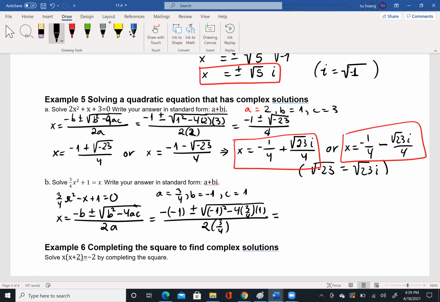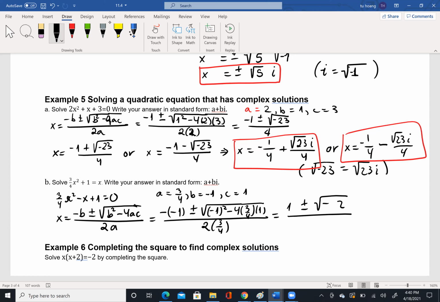And now I have 1 plus or minus the square root of, use a calculator, you're going to get negative 2, and then divided by 6. Oh, wait a second. Let me see.